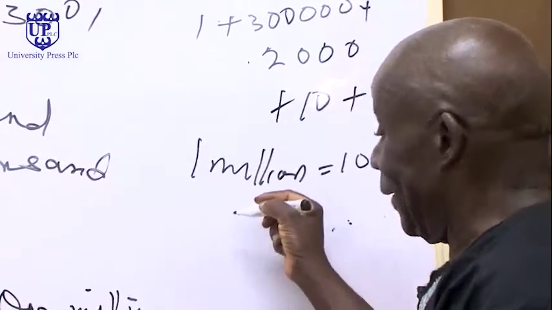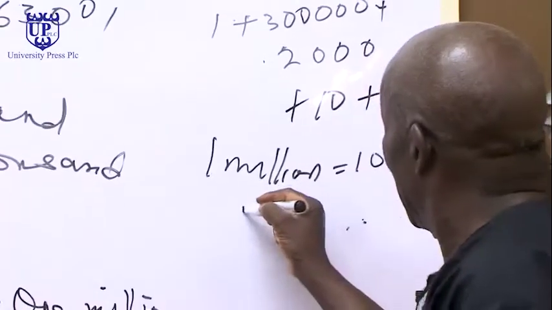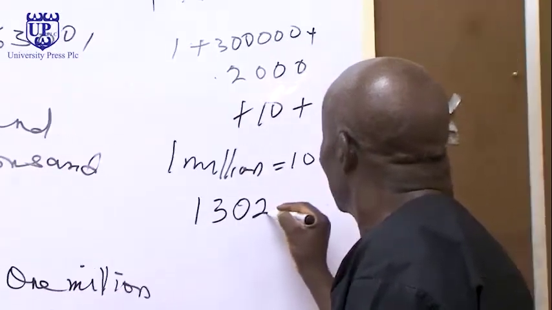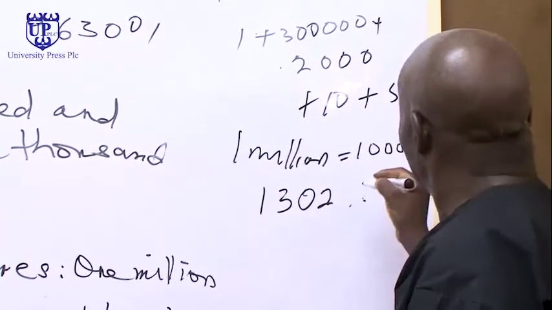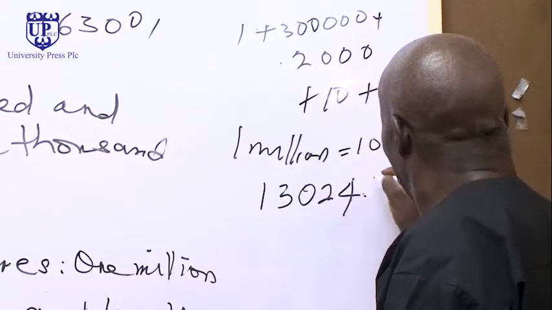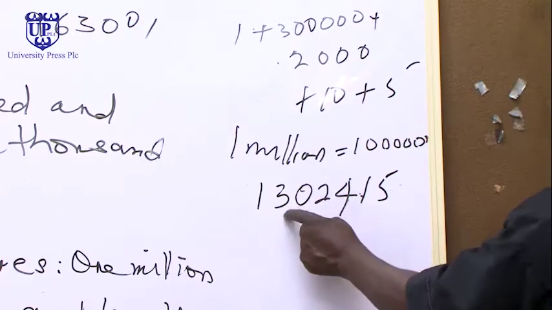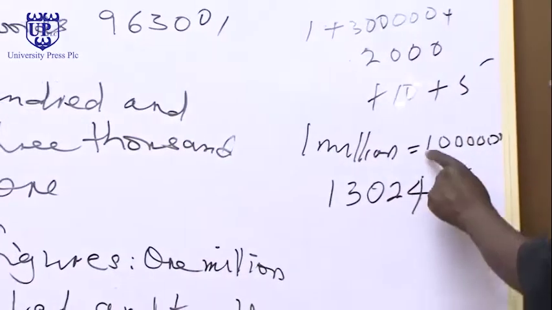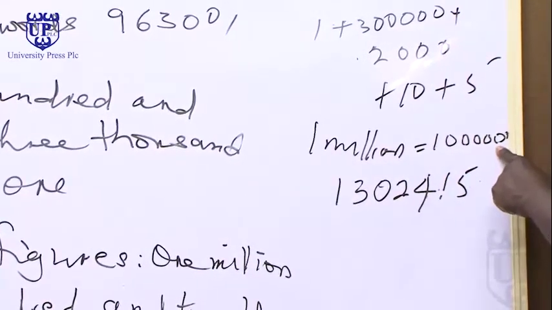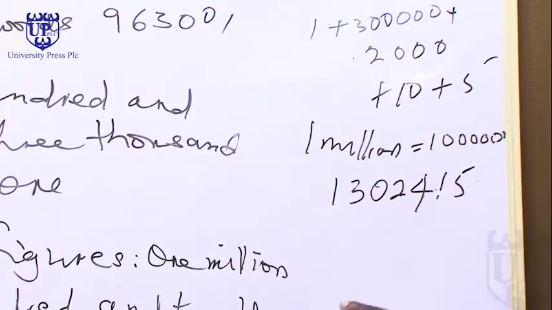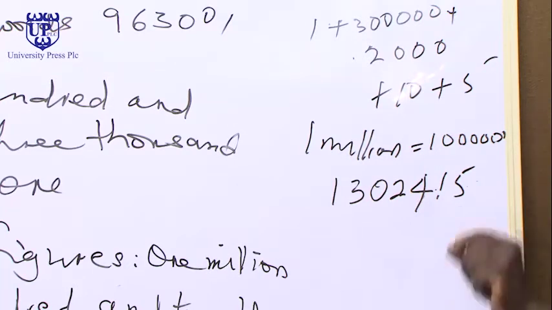So in that case you have 1,302,415. 1 2 3 4 5 6. That is why you have 6 zeros when you are writing a million. If you are writing 2 million, you have to write 2 and 6 zeros in front of it.